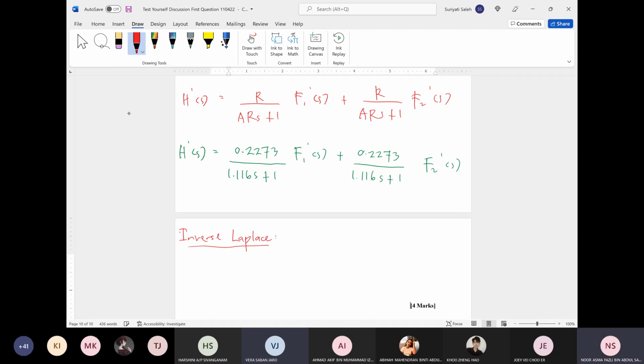gives H prime of t equal to K1 M1 times 1 minus exponent negative t over tau 1, plus K2 M2 times 1 minus exponent negative t over tau 2.